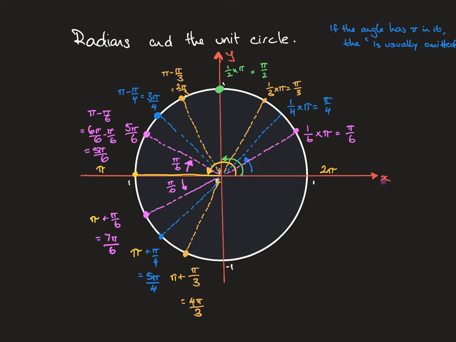Or we can start from 0 here and measure in the opposite direction and use a negative value for our angle to show that we're going in the opposite direction, that we're going in a clockwise direction instead of anti-clockwise. So let's look at pi on 6 for both of those options.